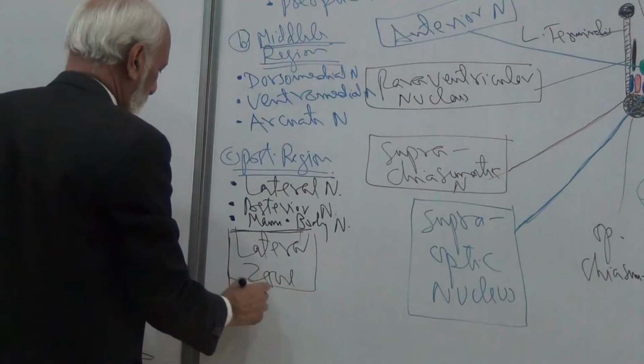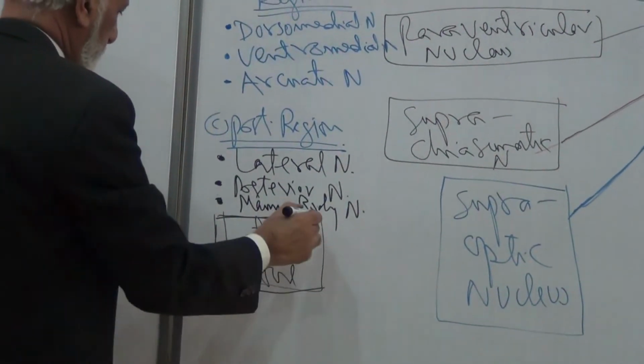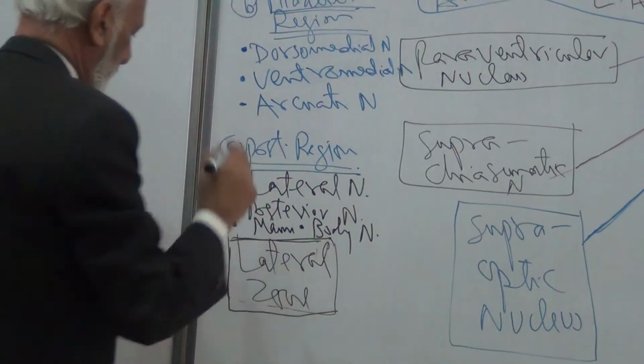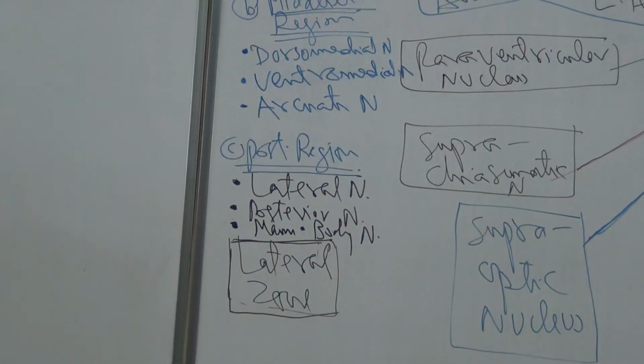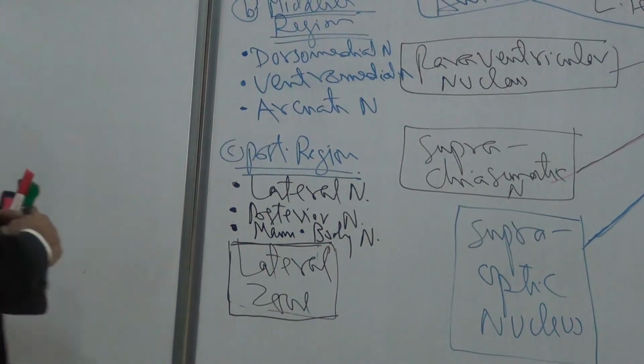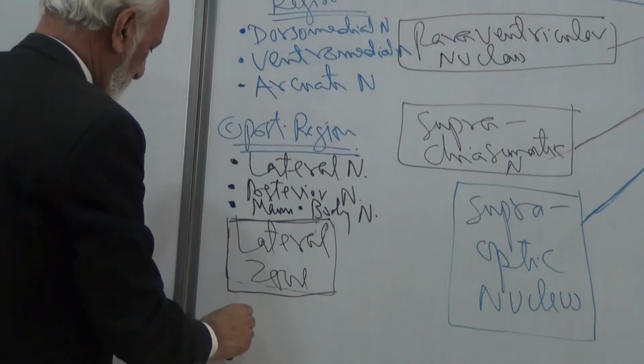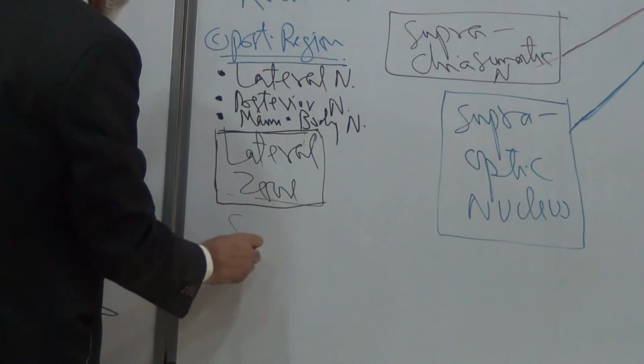Next is the hypothalamic nuclei located in the lateral zone of the hypothalamus. Here is satiety center.